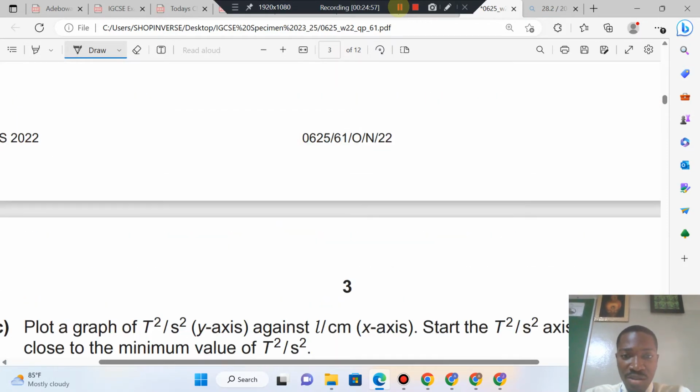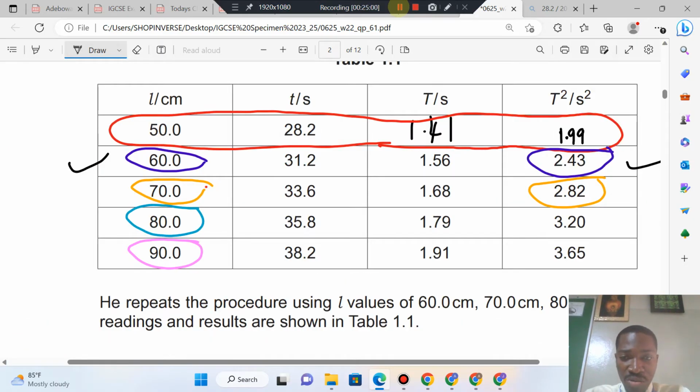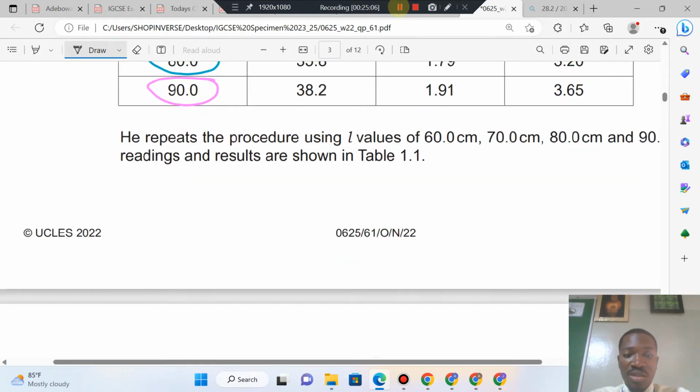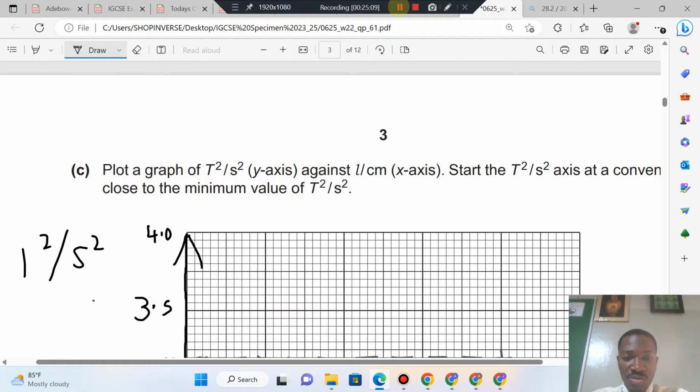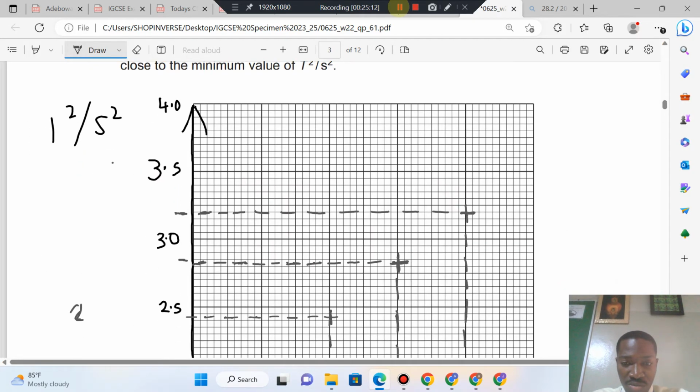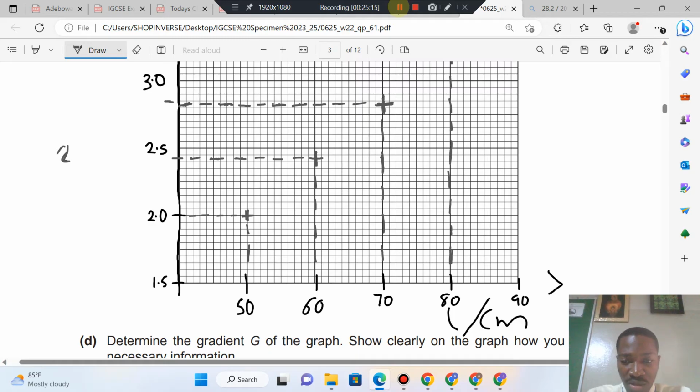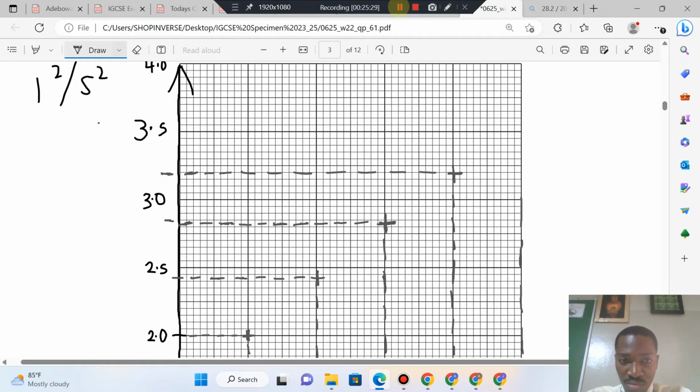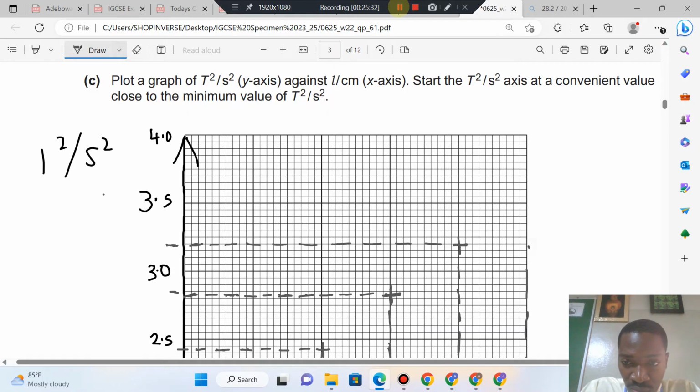Oh, that's the last value, 90 against 3.65. So you go down here, 90 against 3.65.